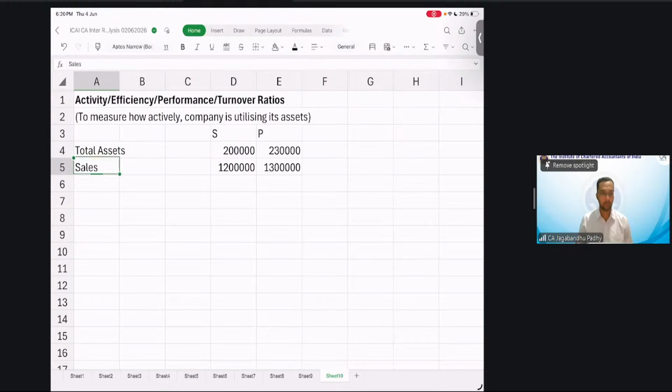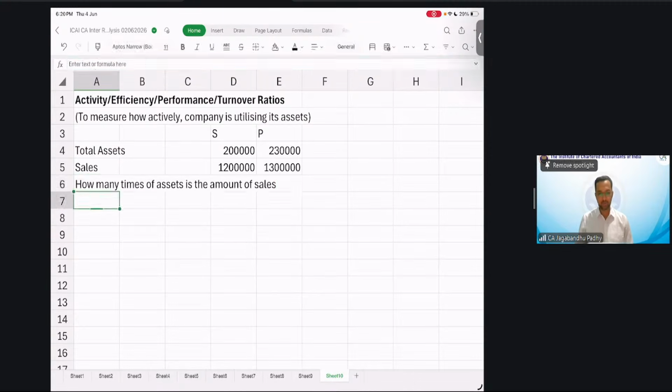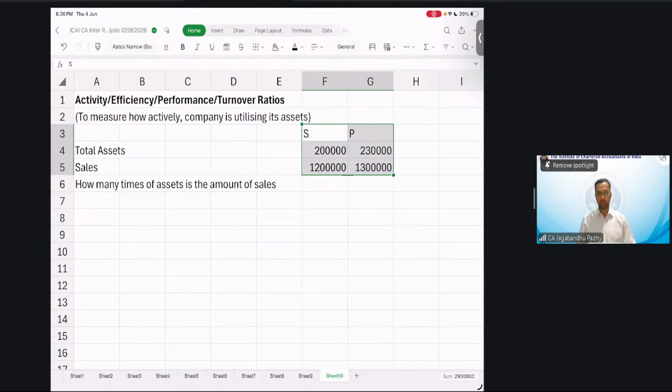Or I can simply say how many times of assets is the amount of sales. So we can simply say total assets: if it's 2 lakh and 2,30,000, sales is 12 lakh, 13 lakh.